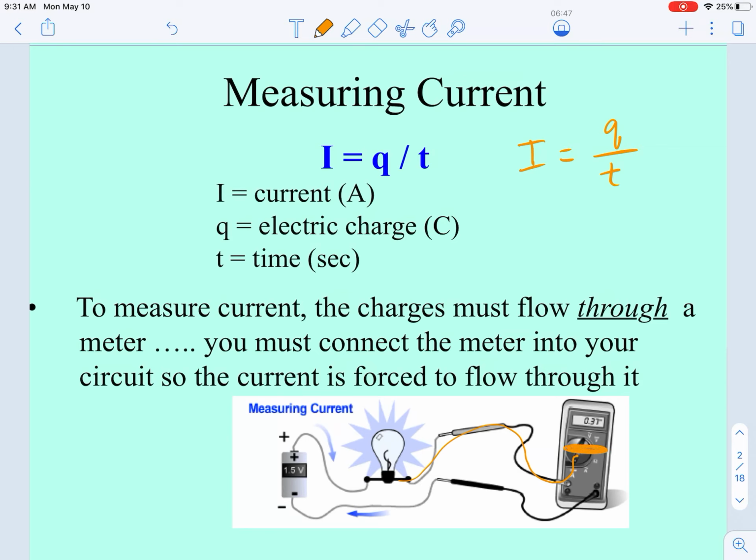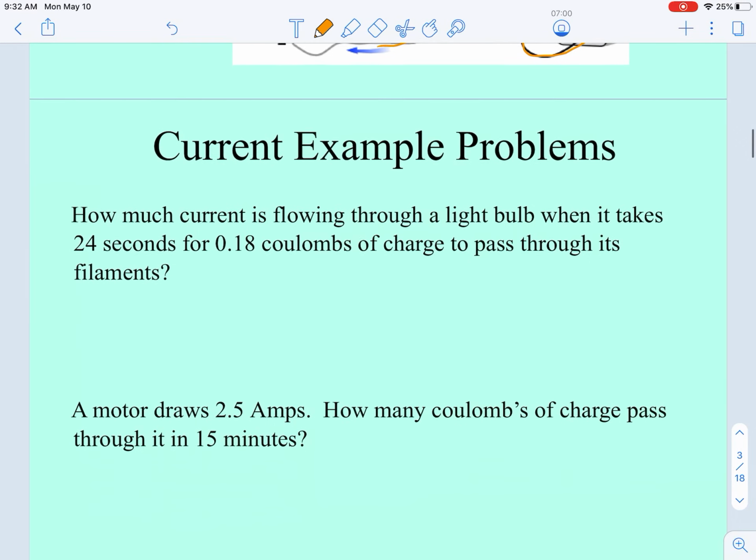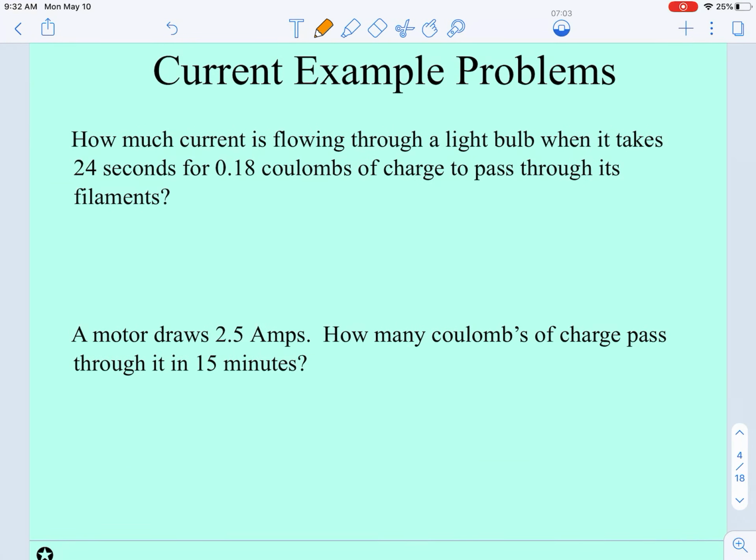This machine here will get a reading of the rate at which those electrons are flowing through it, because the electrons are going to go into the machine and then out back into the circuit. So it basically becomes part of the circuit so that those moving electrons move through the device, and that's how it takes its measurement.